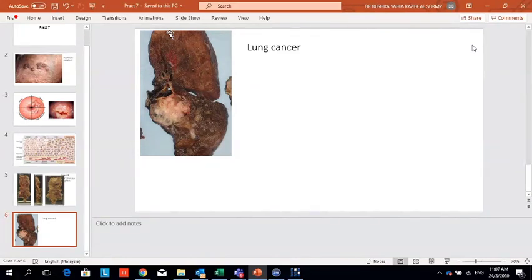Also, we can find the oat cell. Oat cell is bigger than the lymphocyte, maybe only 2 times, and large cell. It's all considered bronchogenic. Bronchogenic means it arises from bronchial epithelium. So adenocarcinoma usually is at the apex, but in the hilum usually the squamous cell carcinoma and the small cell or oat cell carcinoma. Okay.